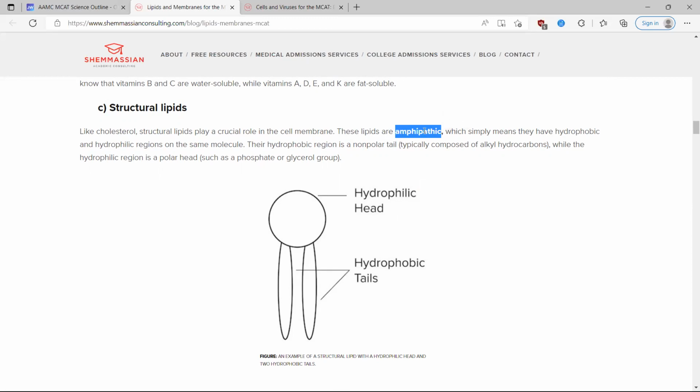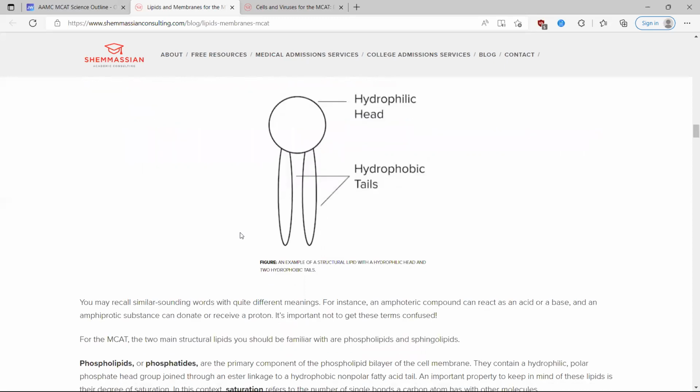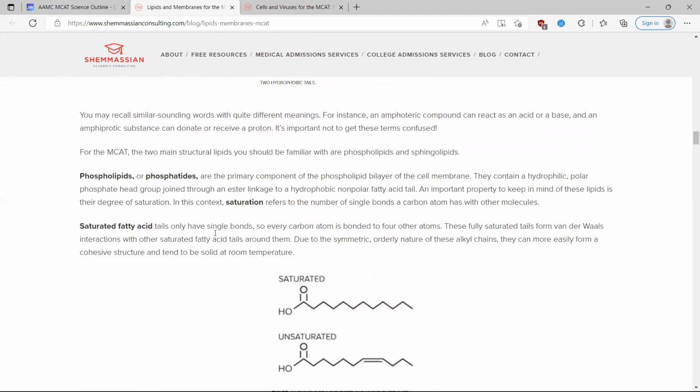In this case, amphipathic means they can exist in both environments, basically. They have two regions, and one region is okay with the water and the other region is not okay with the water. The hydrophobic region is these tails, and the hydrophilic region is the polar head group. So we're going to look at what that looks like.